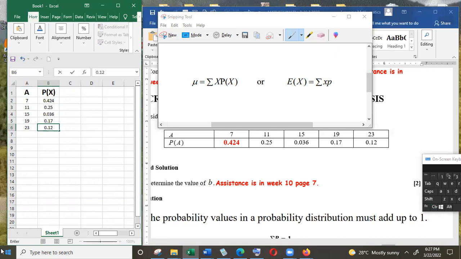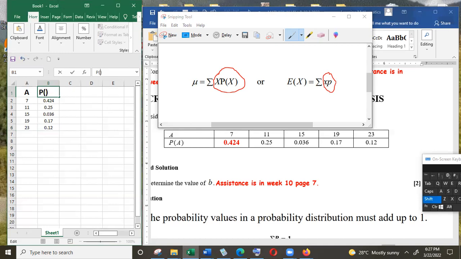Okay. And we want to do X times P of X. That's what we want to do. That reminds us of f(x), isn't that so? But here, no, P of A, sorry.